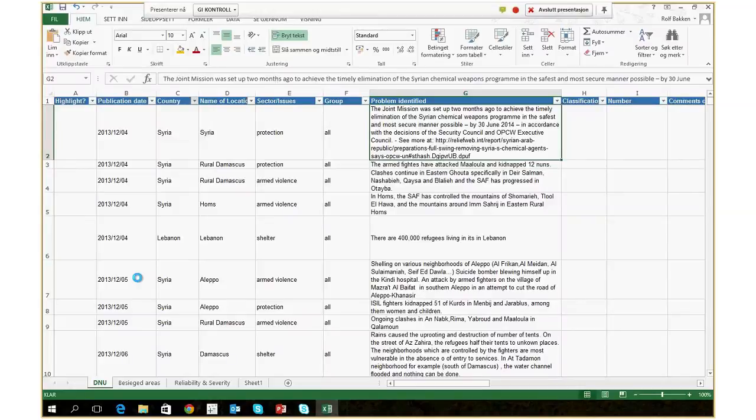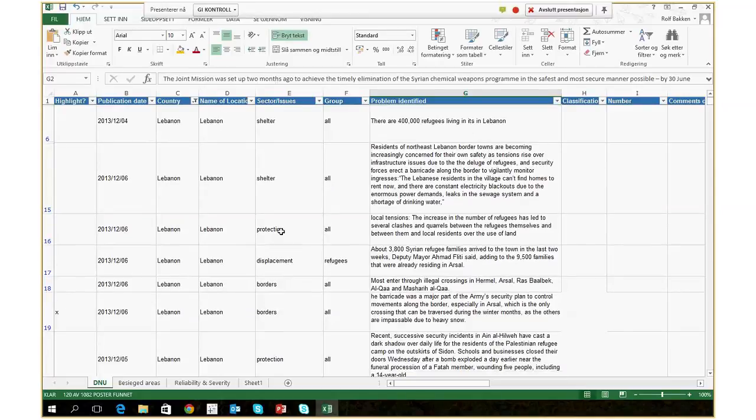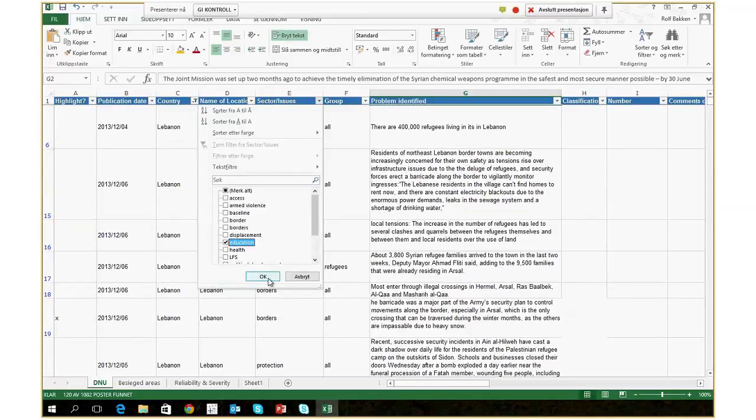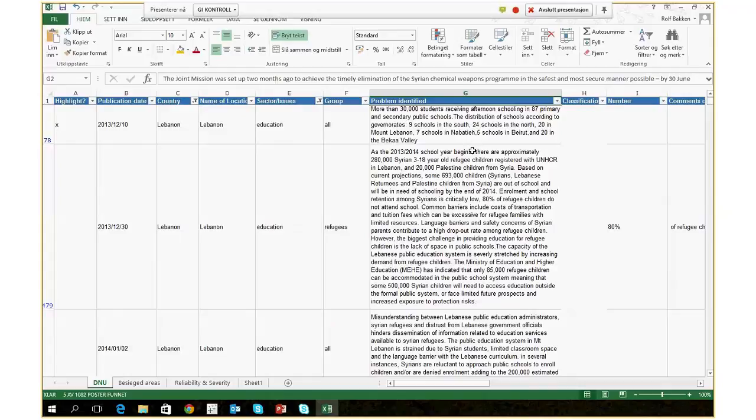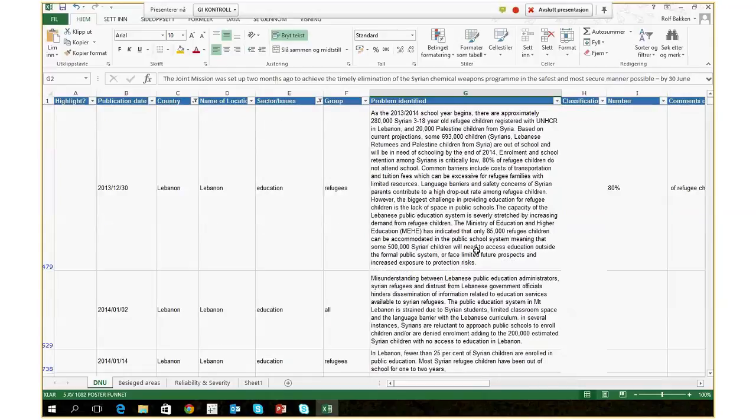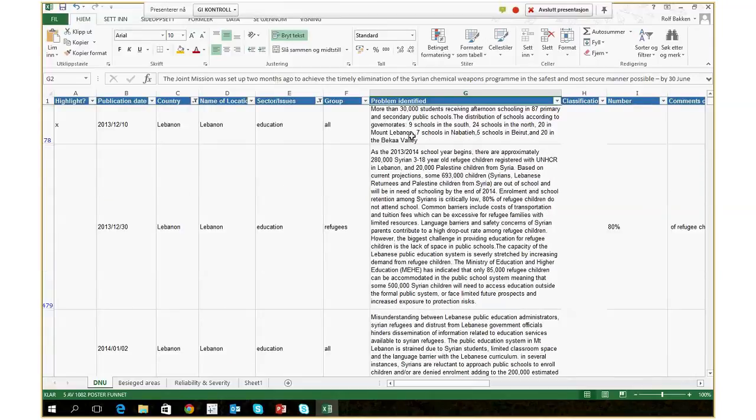Look at that one. Then it's a lot less. Then I can look at this information together. I can compare it, and I can see if some of it is comparable, so that I can actually perform some sort of analysis on the situation on education in Lebanon in this period that this information was collected.